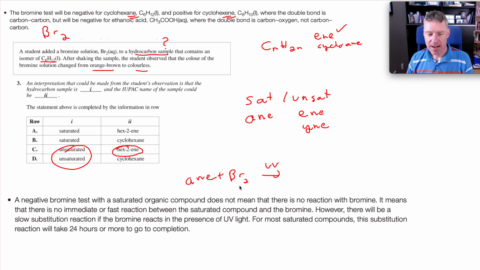So if you have this reaction left out for a long period of time, for a day or more, enough will get through the glass. It'd be even faster if it was outside in direct sunlight, because glass blocks UV, that you will get a reaction. So they're just reminding you of that fact. But again, there's no immediate or fast reaction between an ane and bromine.